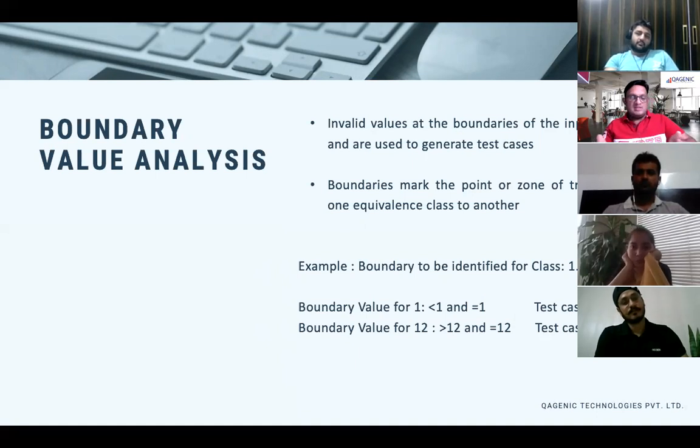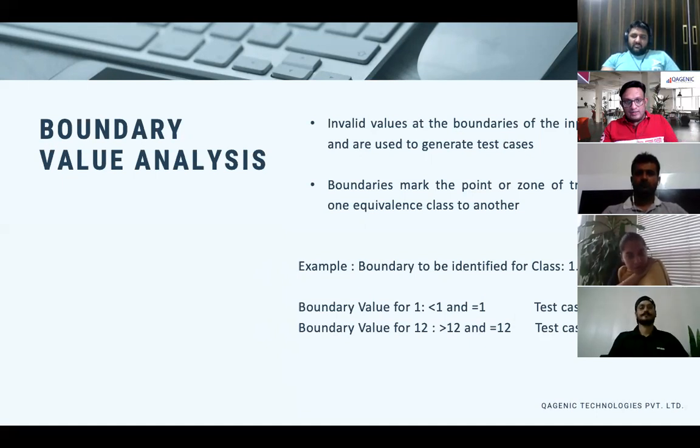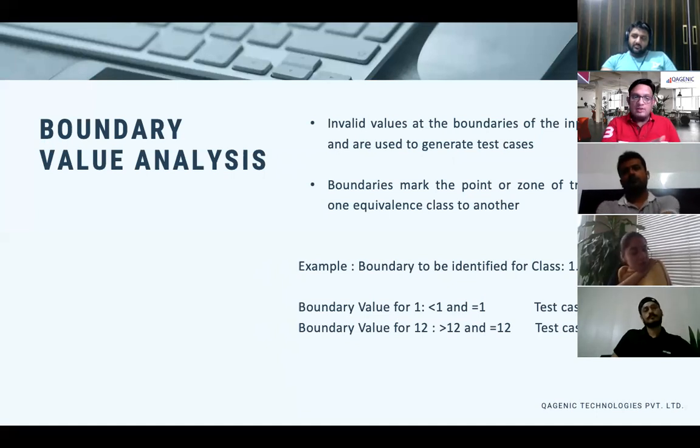The point here is, take a very common example you would see on any registration page: the age field. Suppose there is a validation that only people above 18 years can register, and nobody above 65 can register. So we get a boundary of 18 to 65.